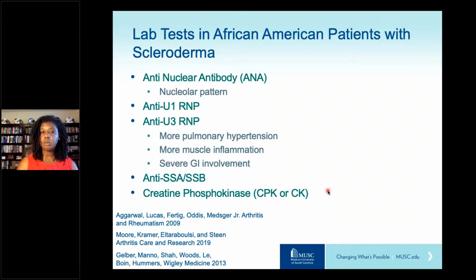So that goes along with the anti-U3 RNP. And African American patients are more likely to have muscle involvement related to their scleroderma. Some of the symptoms associated with muscle involvement include extreme weakness, especially in the hips and in the shoulders.